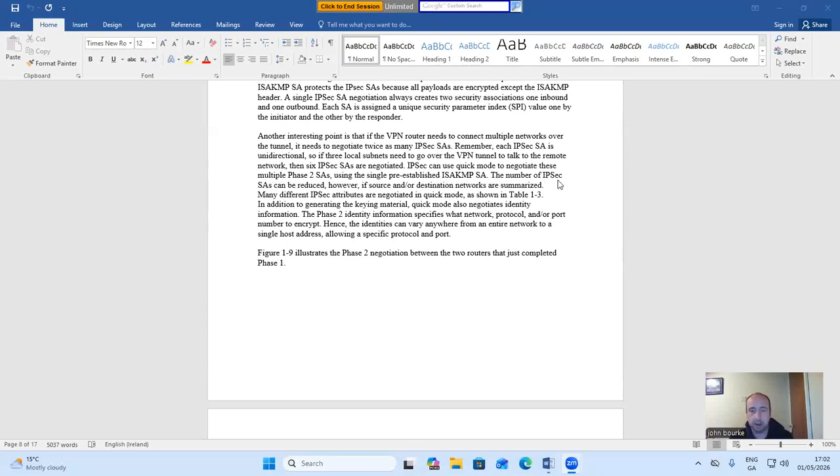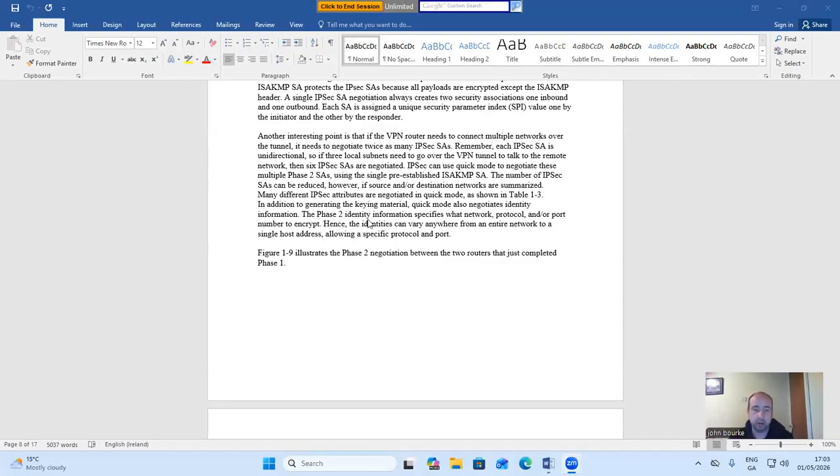The number of IPsec SAs can be reduced. However, if source and/or destination networks are summarized, many different IPsec attributes are negotiated in quick mode as shown in table 1.3. In addition to generating the keying material, quick mode also negotiates identity information.